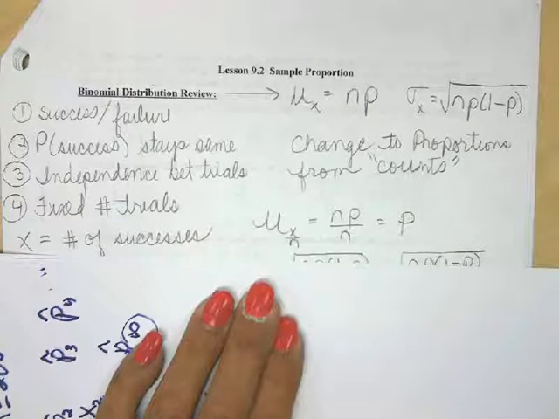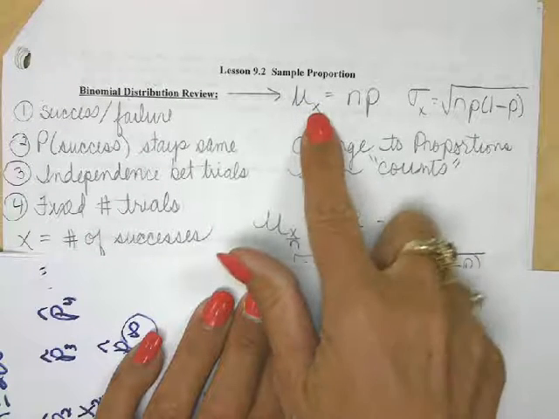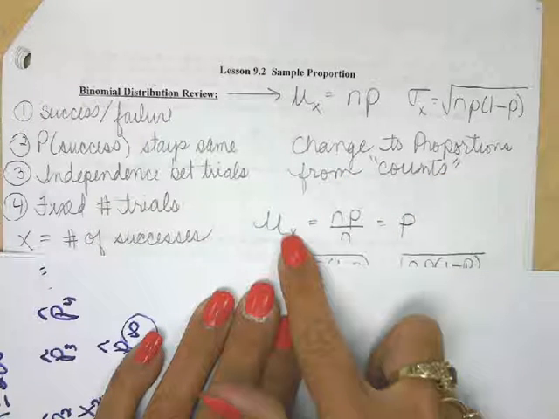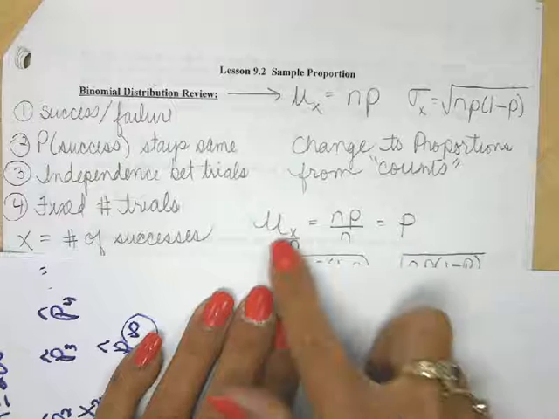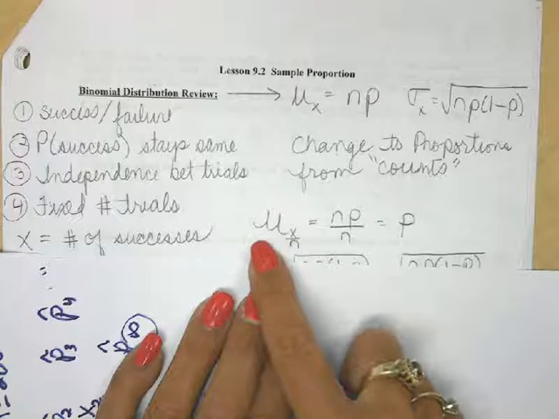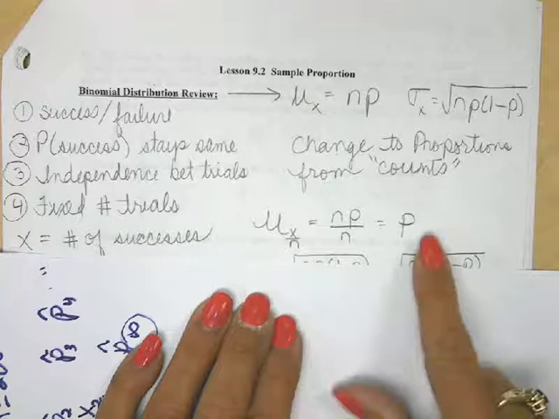Now we're going to change the situation, and if we want to change the count to a proportion, we would take how many successes and divide by the total number that we had in our sample. So in reality, we actually expect, go figure, the mean of all of the p-hats, as in the other circumstance, to be p.